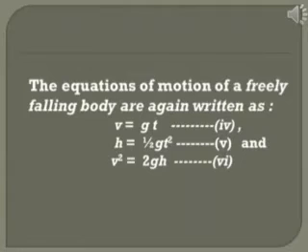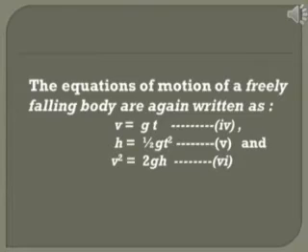These equations undergo a small change when we apply them to the motion of a freely falling object. The equations are modified as v = gt, this is equation number 4; h = 1/2 gt², this is equation number 5; and v² = 2gh, this is equation number 6.